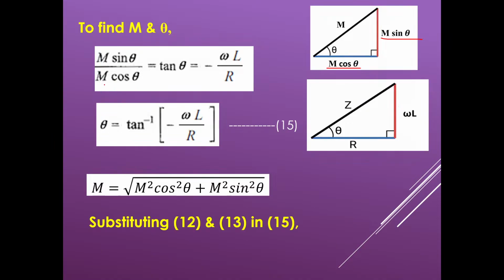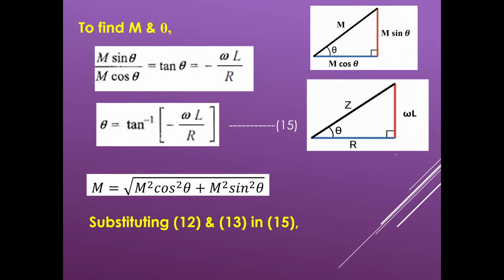So m sin theta by m cos theta is tan theta, because tan theta is opposite by base, isn't it?